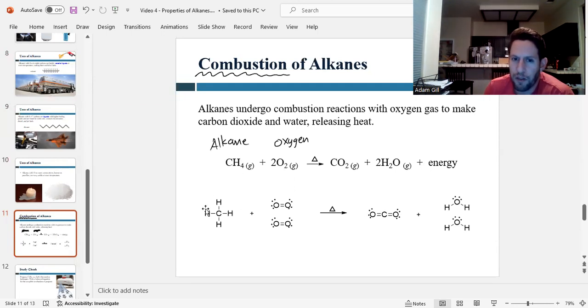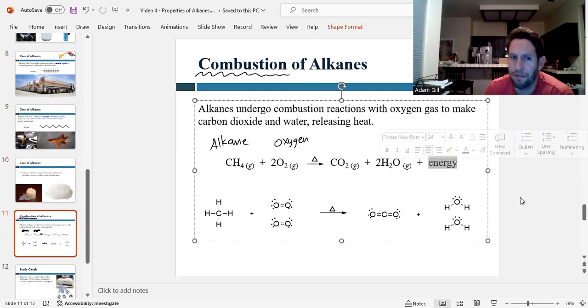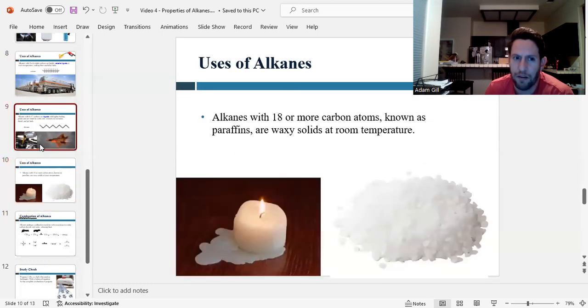So a CH4 molecule is going to combine with 2 molecules of O2. And it's going to produce 1 molecule of CO2 and 2 molecules of H2O. And so it's just a rearrangement of the atoms and the bonds, and it gives off a large amount of energy. And that energy being given off is the fire that you see.